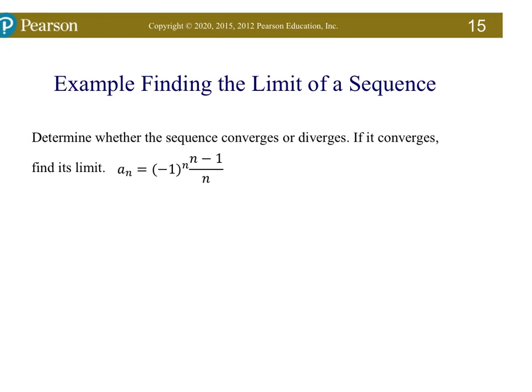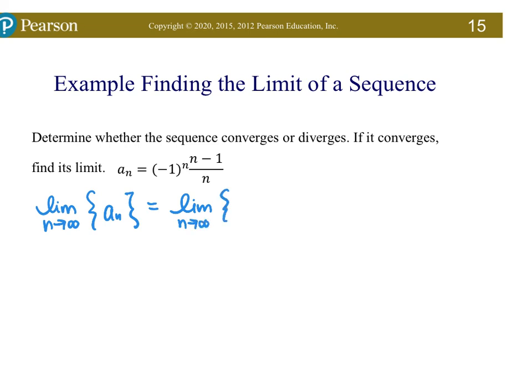We apply the same limit technique to this explicit sequence, -1 to the n times n minus 1 over n. So we'll do the same thing. This is a product this time. And so the limit of the sequence is the product of the limits.